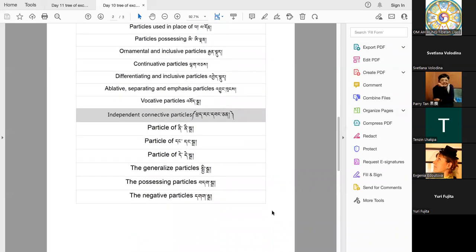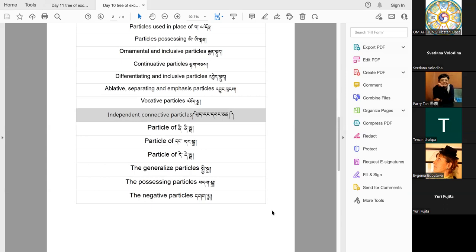Independent particles, so these are te, rawache. The first one is the particle of ni, nida, a particle of tang, tangdra, particle of te, tedra, the generalized particles, chidra, and we're going to see some examples of the companion words in this particular particle. So the possessing particle, tagdra.